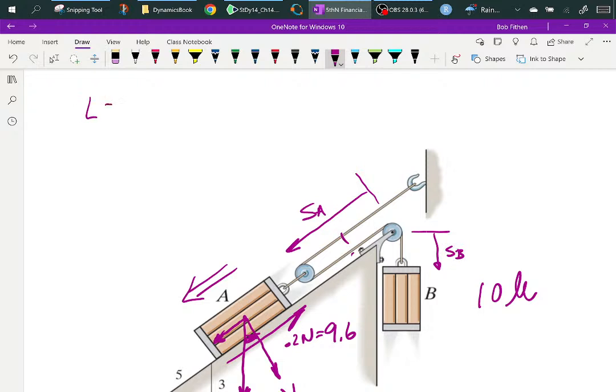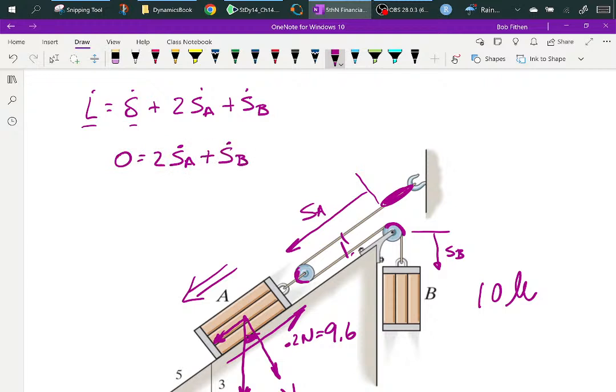The length of the rope is equal to all the extra parts, like right here, and right there, plus 2 of these, 2 SAs, plus an SB. Now what I'll do is I'll take a derivative, just one single derivative, and these don't change, so I get 0 is equal to 2SA dot plus SB dot.